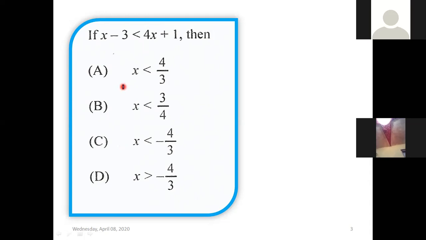Very good. So let me see if I can write that. So you're saying that you're going to have x subtract 4x. Let me not use the equal sign here. Let me use the inequality sign.